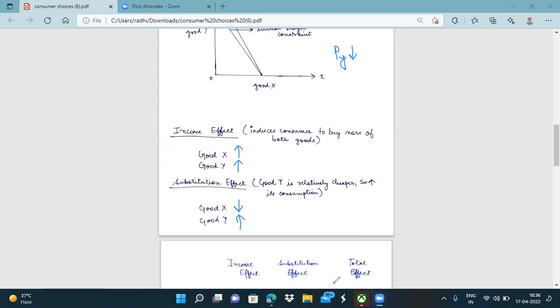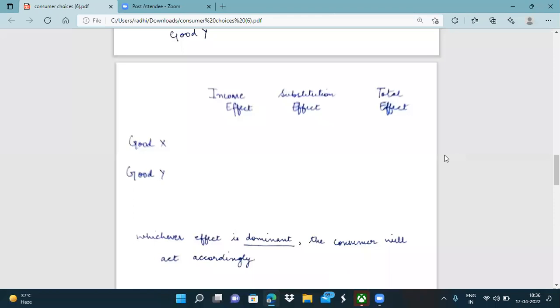So moving ahead, we noticed that when the price of good Y has fallen, the income effect convinced the consumer to increase the consumption of both goods, good X and good Y. But the substitution effect stated that since good Y has become relatively cheaper, we must substitute it in place of good X, which has now become relatively expensive.